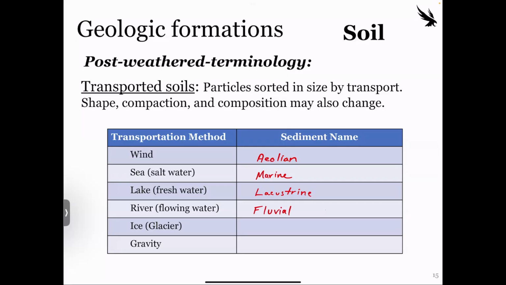Fluvial is from rivers, so think of it like flowing. Rivers are the things that transport the most sediment in soil. Even though the main river in Florida is the St. Johns, going up, a long time ago we used to have a lot of rivers from the Appalachians flowing through Florida.